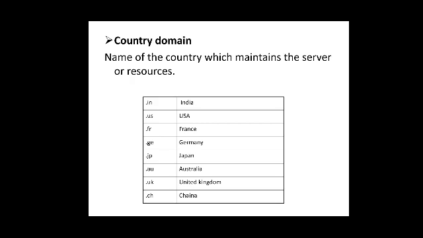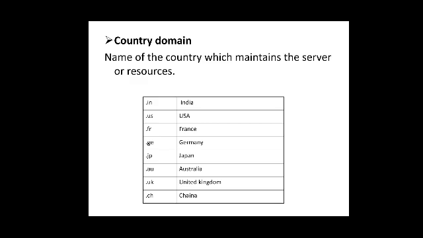In the same way, if the server providing your service, website or application is present in the USA, it will have the extension .us. If it is France, .fr; .ge for Germany, .jp for Japan, .au for Australia.